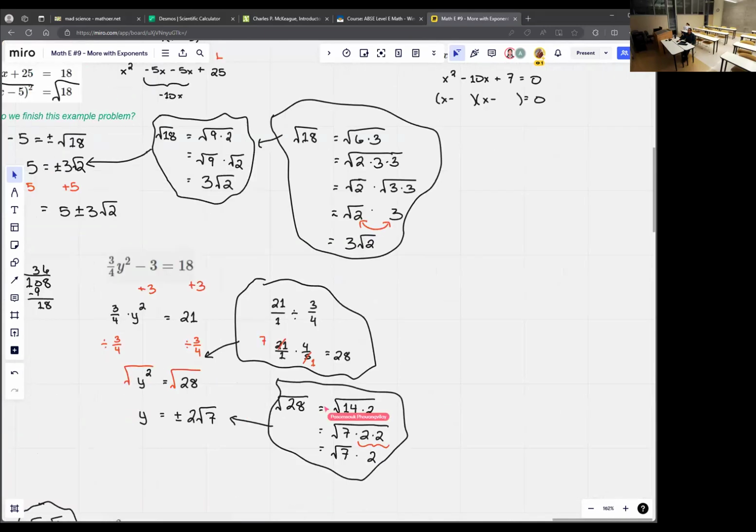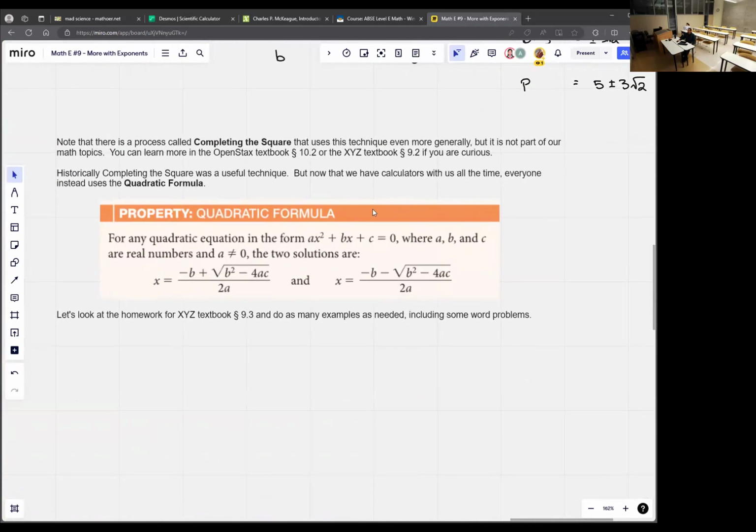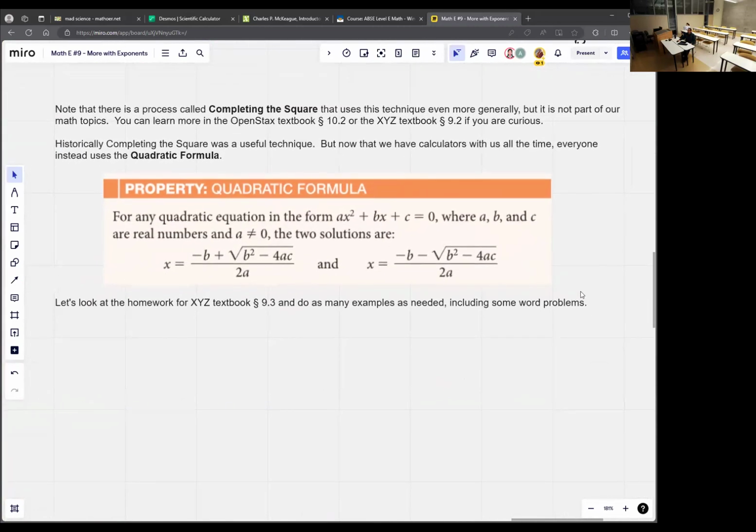But now we have calculators. So times have changed, you get to reap the benefits. And when we want to factor something so that it looks like x minus something, and x minus something else, what goes in these spots? There's a formula that tells us. If you start with ax squared plus bx plus c equals 0.